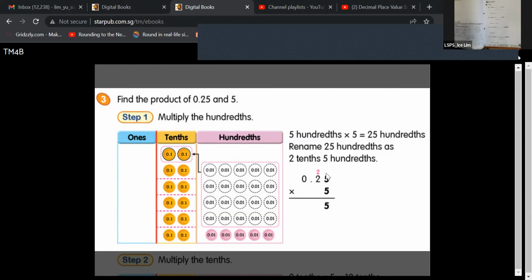I multiply at the hundredths place first. Regroup 25, the 20 hundredths to 2 tenths. So you have the small 2 on top here at the tenths place and the 5 hundredths here. Followed by the next step.